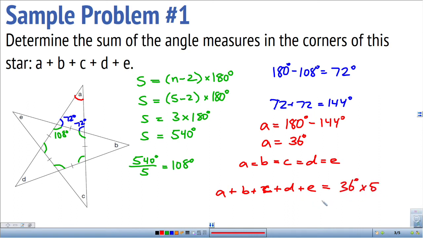There's 5 of them. So that would be 180 degrees. That involved using the sum of the interior angles and also knowing what a straight angle is, and then the sum of the angles inside of a triangle.